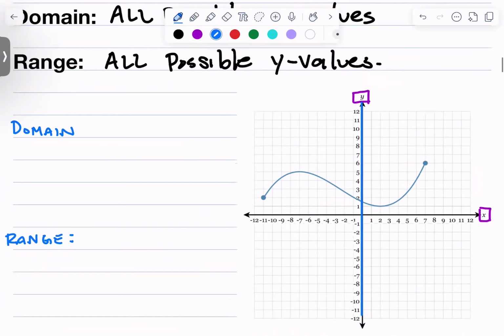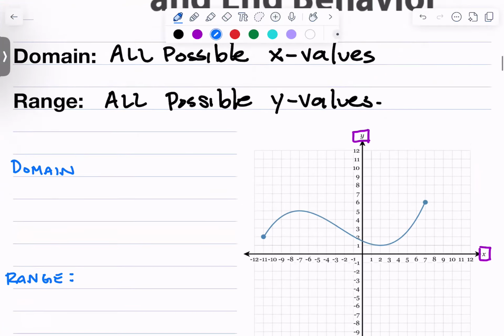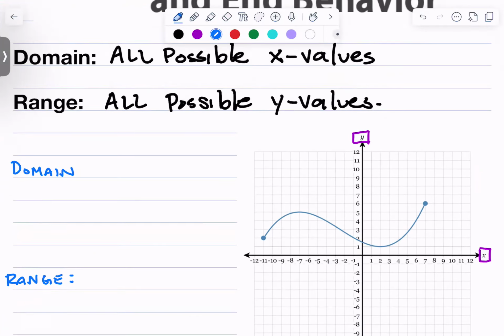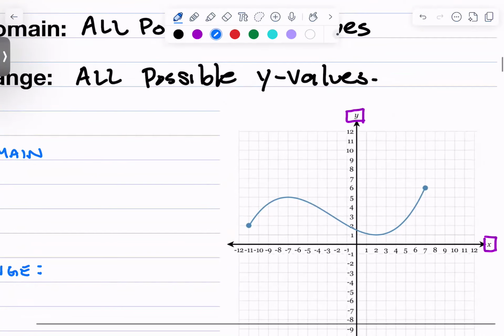Okay, so if it's all possible x values for our domain, and looking at this graph, here, the lowest point is negative 11. The highest point is at 7.